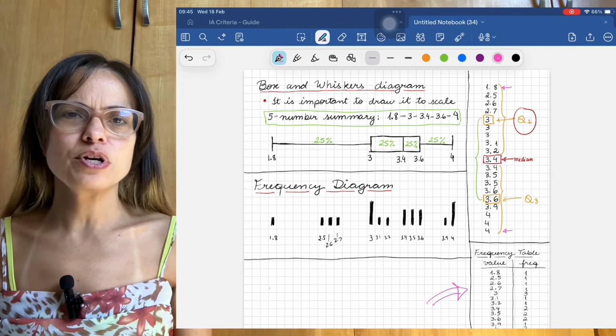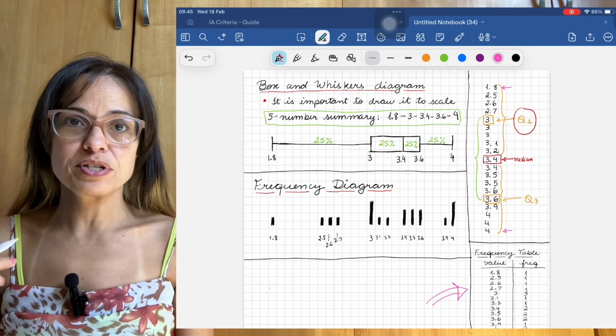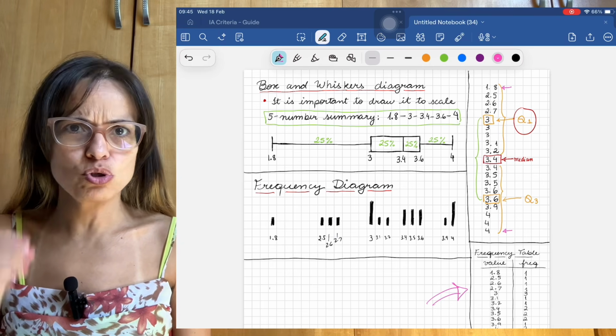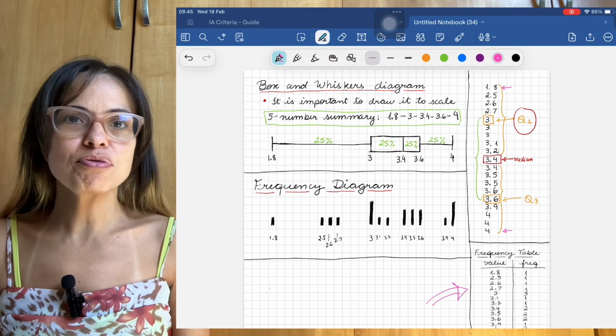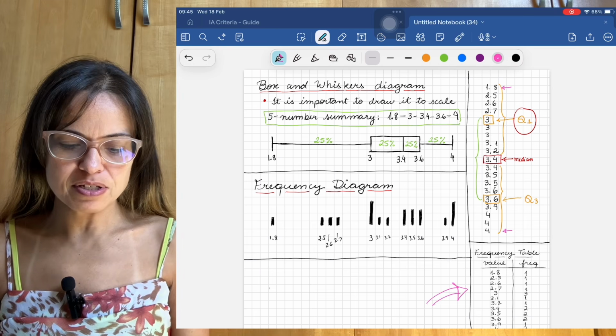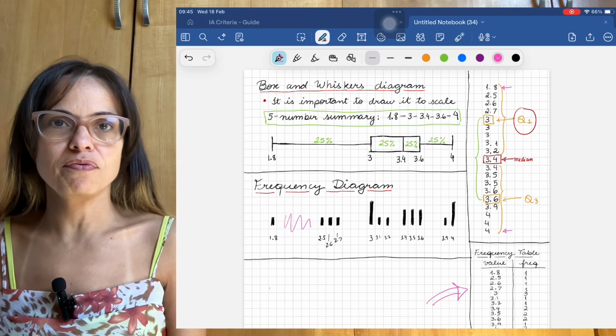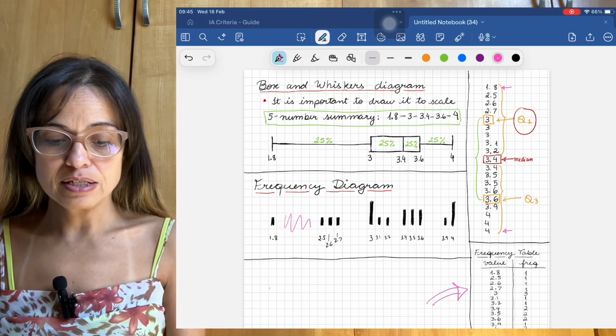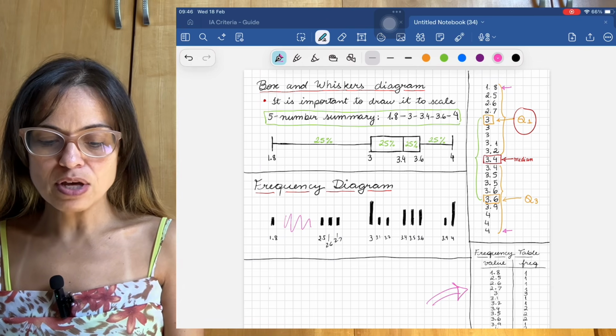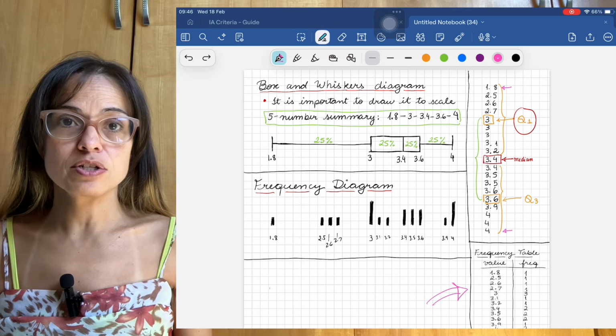But there are situations in which the long whisker in the box and whiskers is hiding too much information. And I think this might be one of them because there's all of this empty space between 1.8 and 2.5 that we've been mentioning since the beginning. So there is a standard way to handle these things.